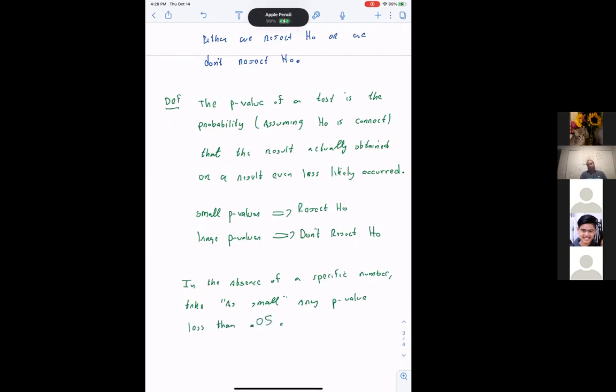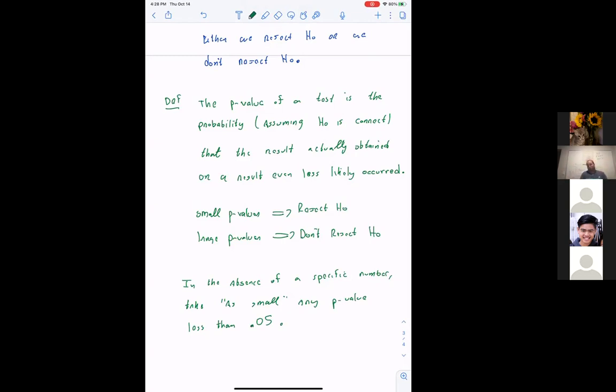So 0.05 is going to be your benchmark, your fallback, your assumption, unless the problem specifically says use 0.1, use 0.01, use this, use that.